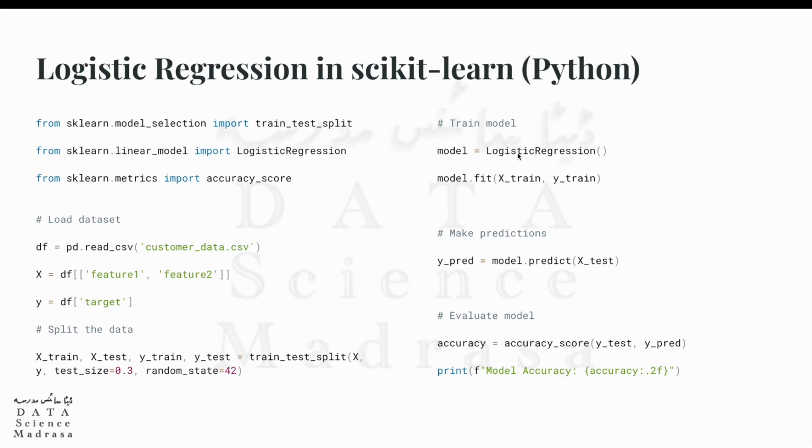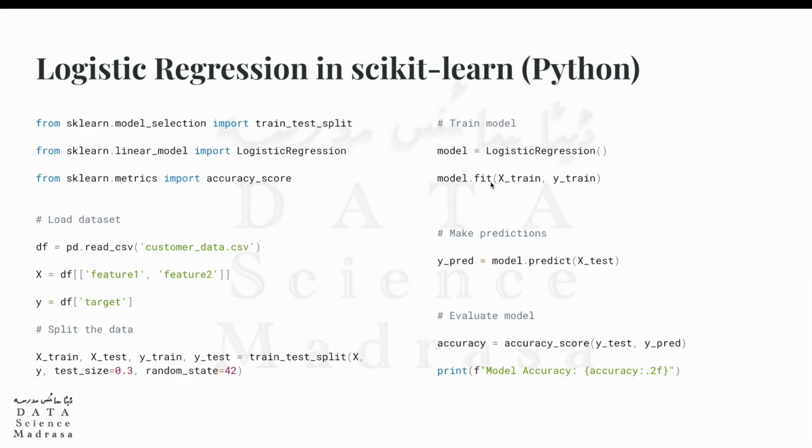We train the model by calling LogisticRegression, which we've imported already from sklearn.linear_model. We pass it X_train and y_train. The X_train contains 70% of the original data set and only the feature 1 and feature 2 attributes, and y_train contains the labels in the target class for those data instances.